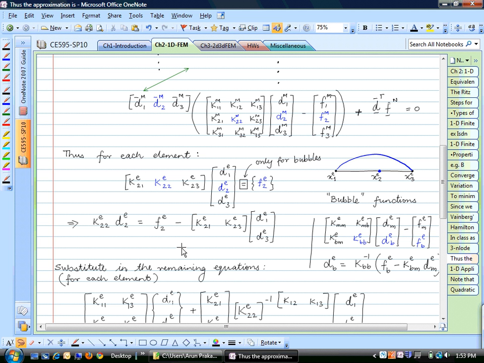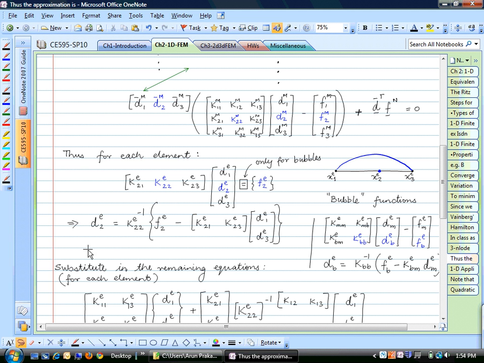Okay, so this is just a rearrangement of this equation. And the reason that this is going to help us is because now I can take this quantity, inverse it, and switch it to the right hand side. So if I do that, what I will get is this inverse times all this.